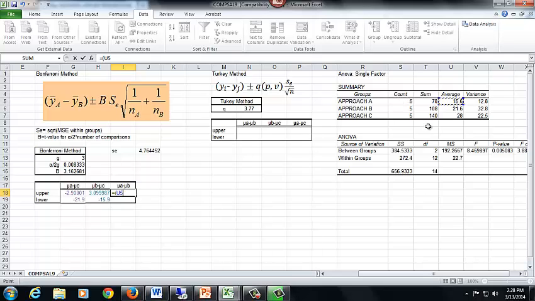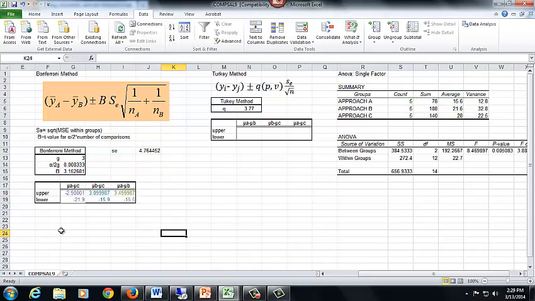So average of A minus the average of B plus B times SE times the square root of 1 over 5 observations in A plus 5 observations in B. Okay, and again, copy this and just change this plus to a minus now to get the lower.